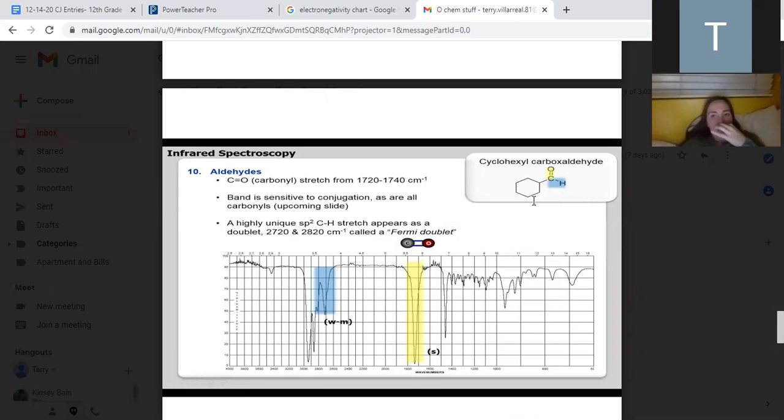It's just going to be shifted depending on what it is. But a unique thing for our aldehyde is that you're going to see a doublet at 2780 and 2820. These two peaks are from the carbon-hydrogen. This tells you there's a carbon double bonded to oxygen. If you see this weird little doublet, then you know it's an aldehyde.